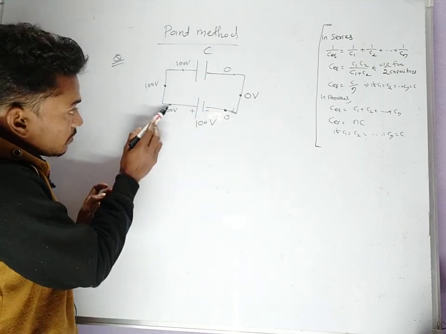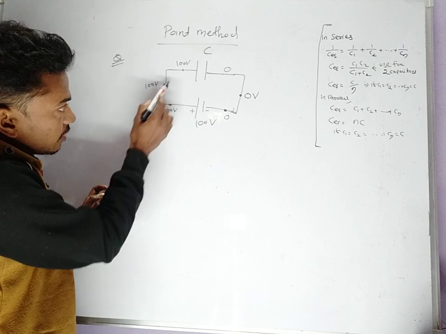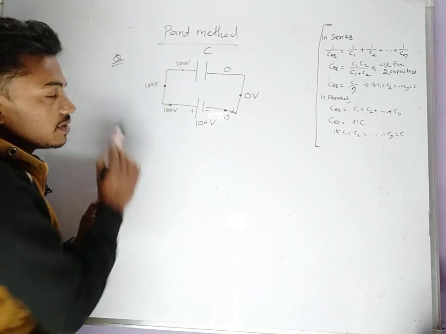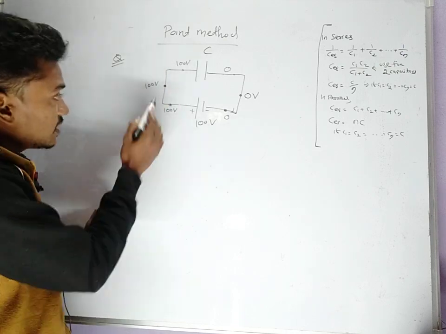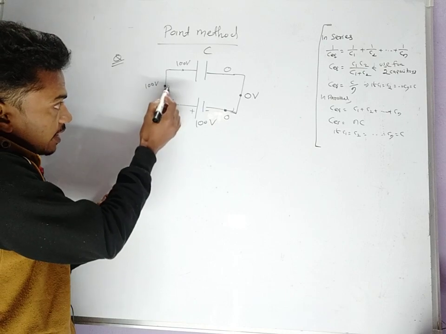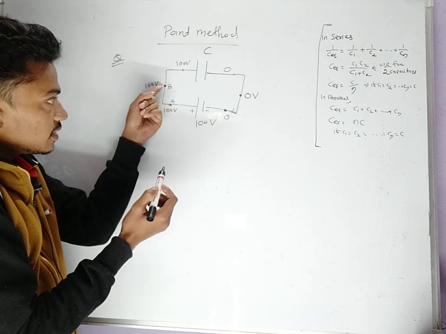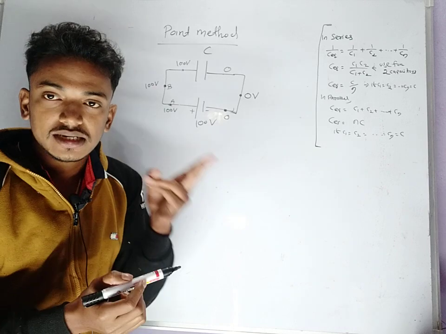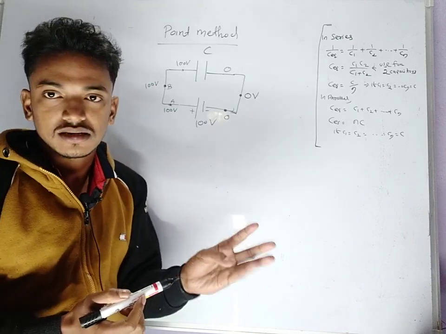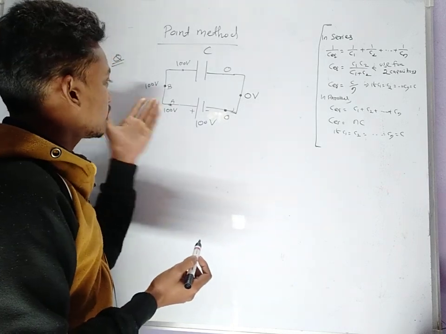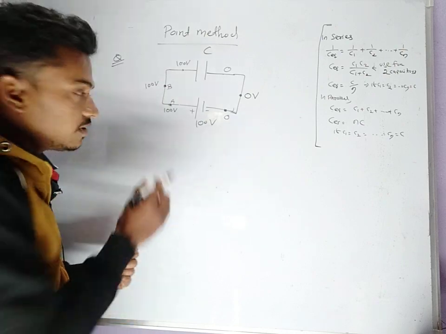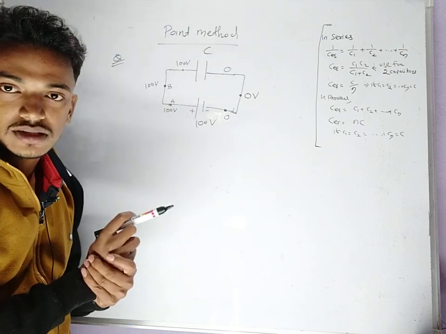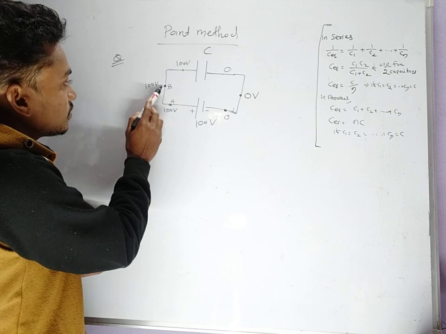See that going from this point to this point, there is no drop in potential, since between this point A and this, suppose B, there is no electrical element like capacitor, resistor or inductor. So there is no potential drop between them.